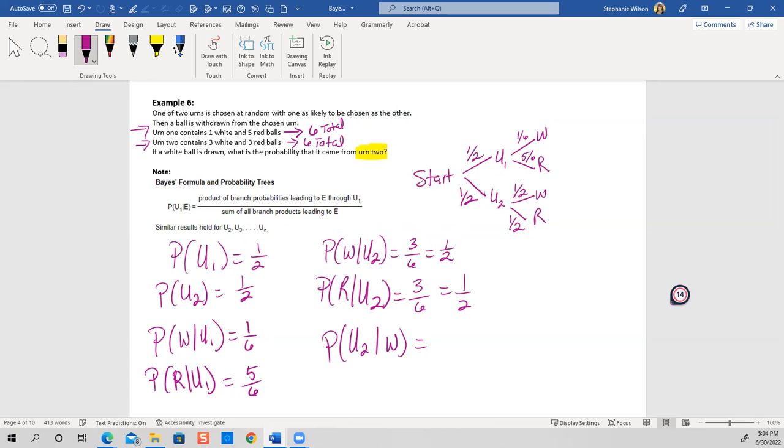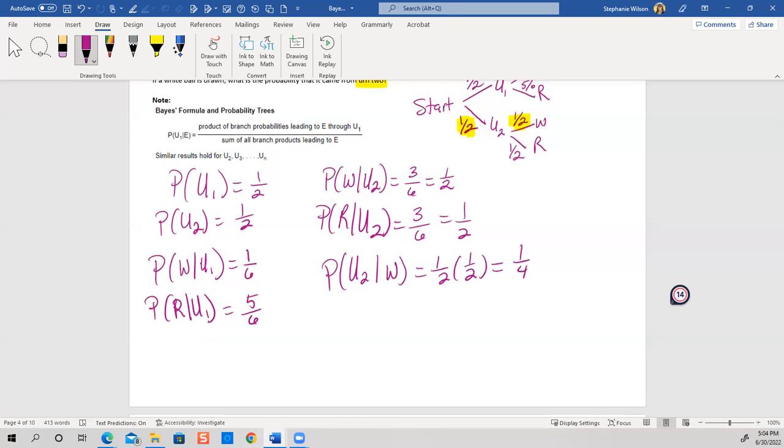We have 1/2 times 1/2, which gives me 1/4. And if this helps, look, there's a lot of halves here. All right. Now that we have that, we can plug it in. And I'm not done, so give me 1 second.